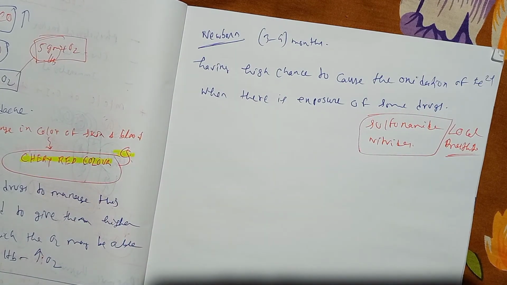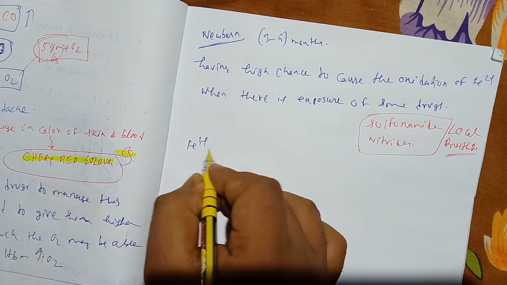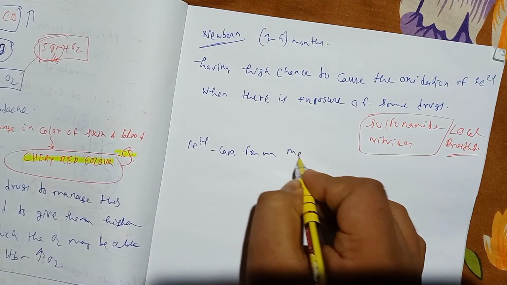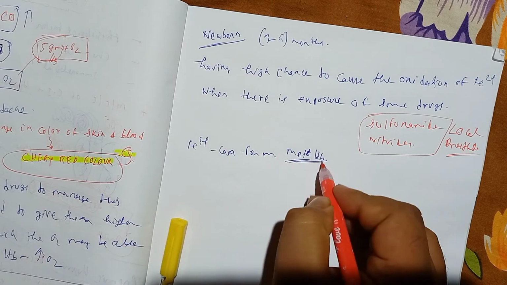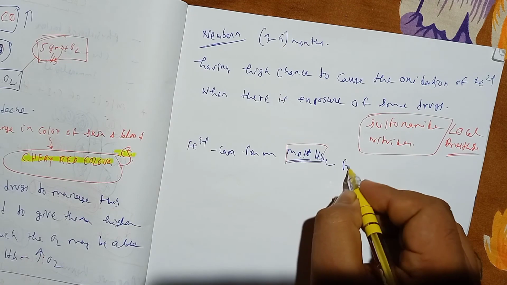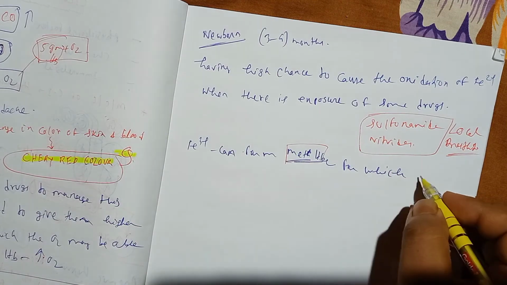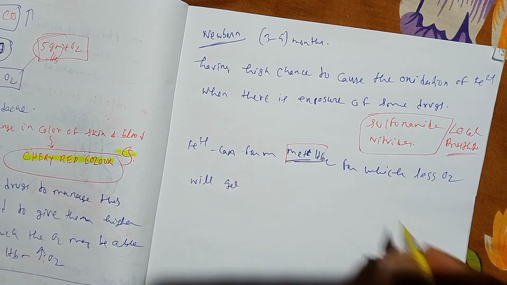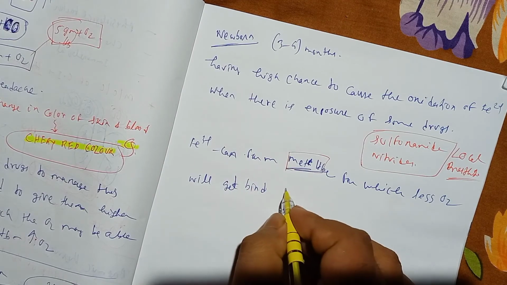Now, why is Fe3+ dangerous? The Fe3+ can form methemoglobin. If it forms methemoglobin, then what will happen? Less oxygen will bind with hemoglobin.